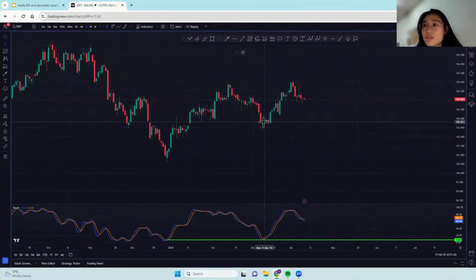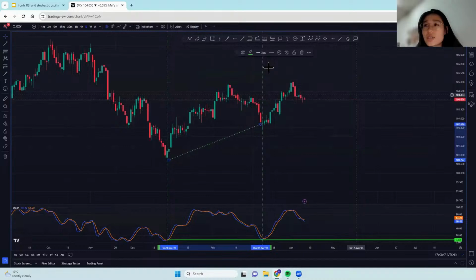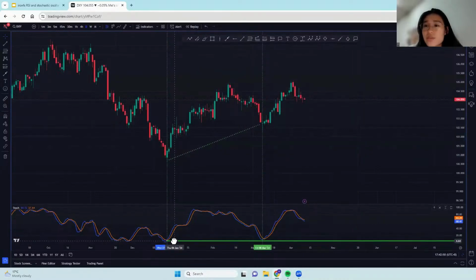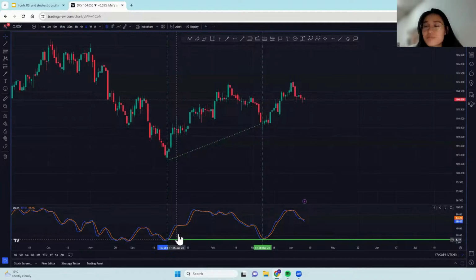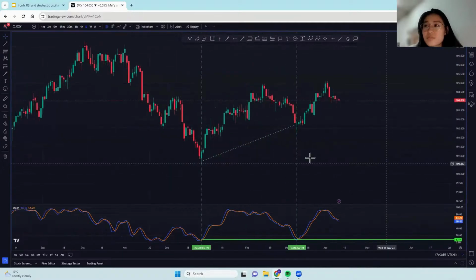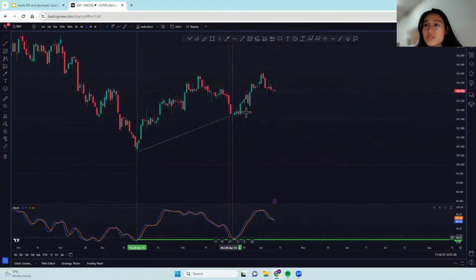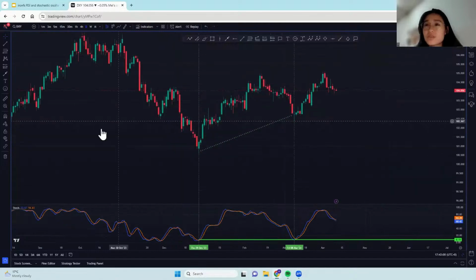You can highlight the points that you're looking at as well to make things easier. Price is making a higher low, whereas here we have a hidden support. After that you see price shoot up as well.